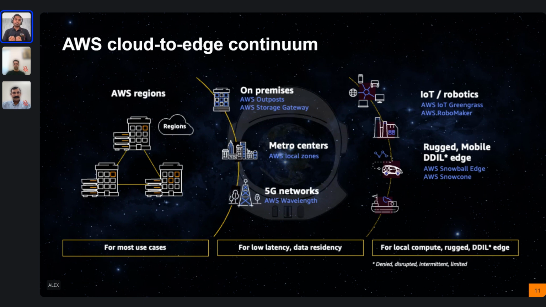Finally, if you look at the extreme right of the spectrum, we have the rugged and mobile edge devices with the AWS Snow family. These are edge devices which don't even need continuous connectivity to AWS, and they are designed to run in very harsh environments. Say for example you want your 5G to support maritime applications or mining applications, and you don't really have a way to have continuous connectivity in those locations, and the environments are quite rugged.